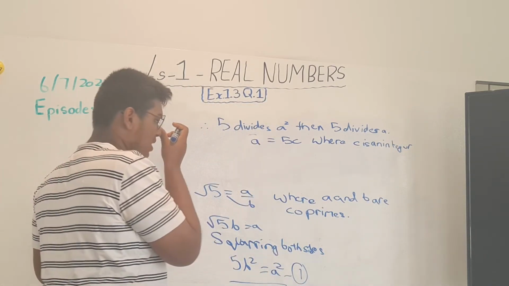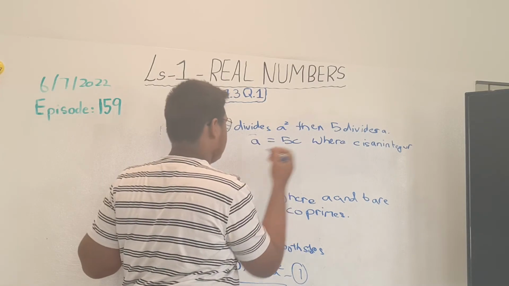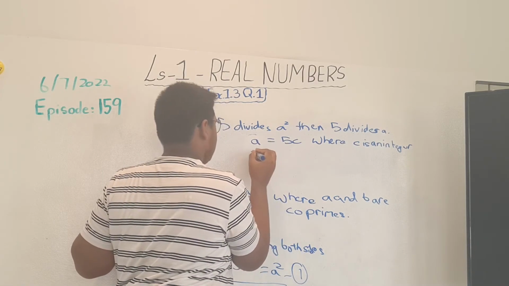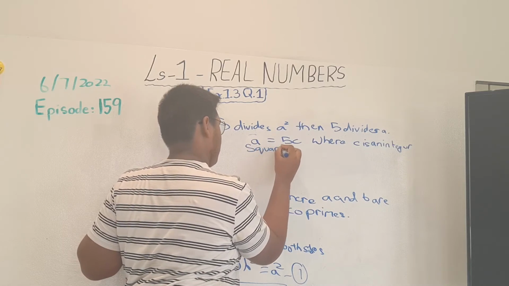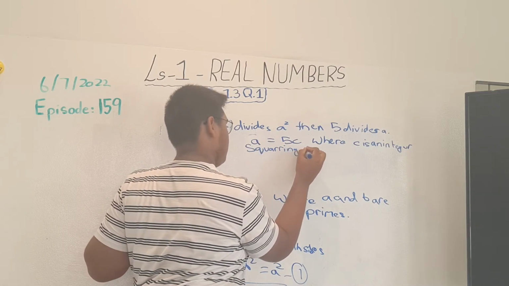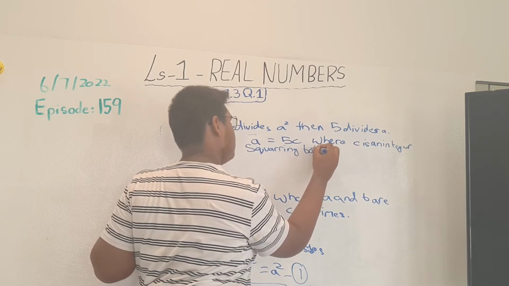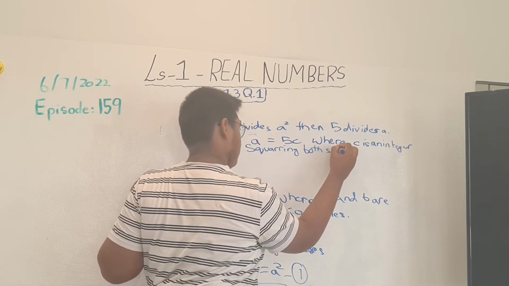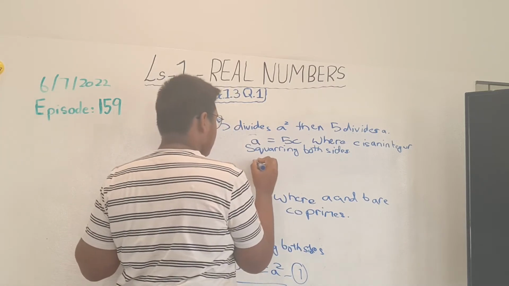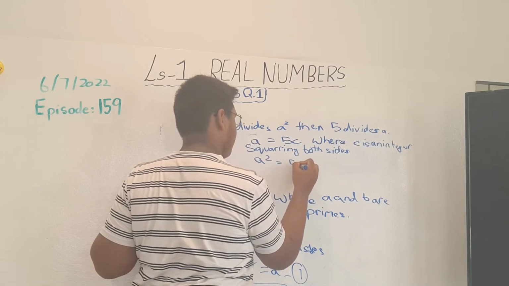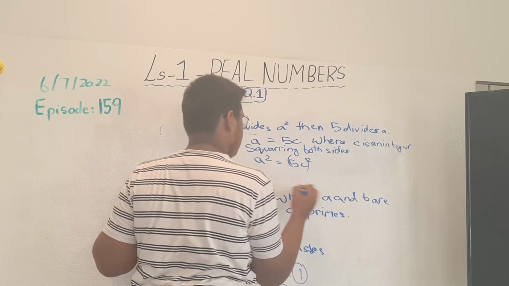Then a equals 5c, and squaring on both sides, a square equals 5c whole square.